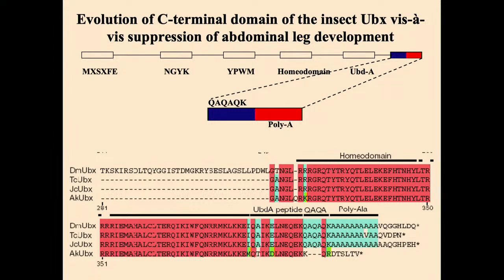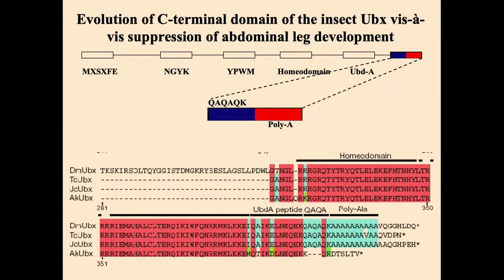While the homeodomain region is highly conserved, irrespective of whether it's an insect or a non-insect arthropod, if you look at the C-terminal domain, there are some amino acids which are very different compared to all insect UBX. All insect UBX have a polyalanine tail at the C-terminus, whereas the non-insect one doesn't have that kind of polyalanine, but it has some serine threonine, which can be phosphorylated. It doesn't matter for this discussion. But anyway, they are different.